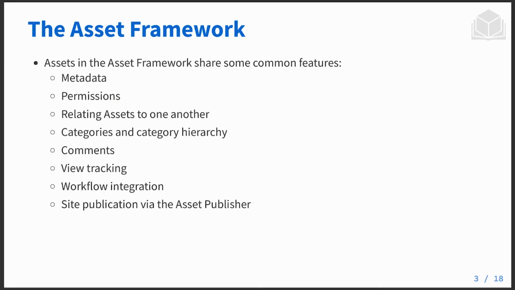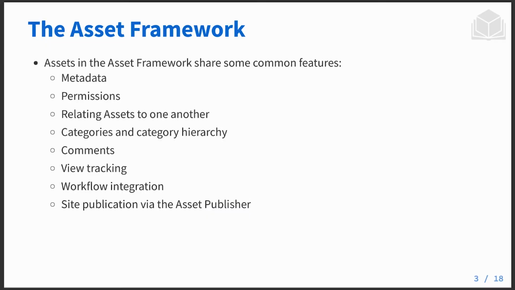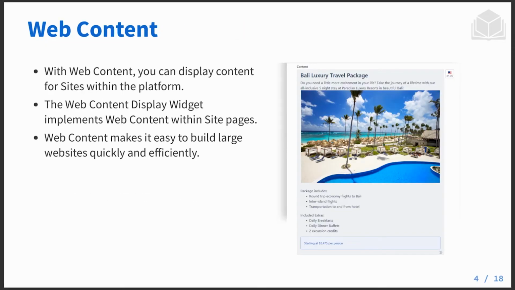All right, alongside this are things like categories and comments, view tracking, workflow integration, and you can also use certain tools to display our assets. Okay, so all of our assets have a corresponding widget that you can use, and then you have some larger full-scale widgets like the asset publisher that you can use to display your assets in the way that you configure and decide. All right, so let's take a look at a few of the options here.